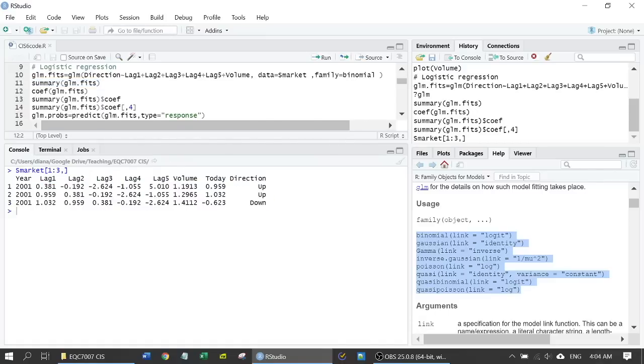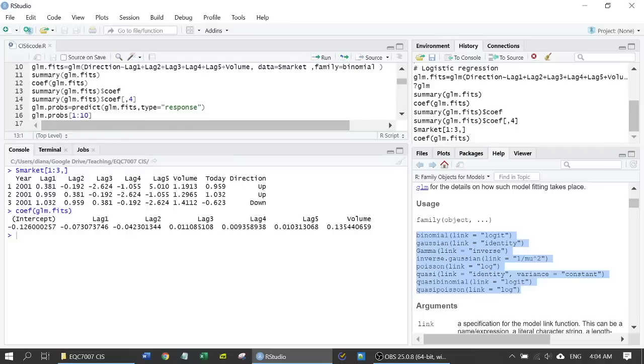And I run this one again. Okay, so these are the coefficients: the coefficient for the first lag, the coefficient for the second lag, and so on. Basically, what we're trying to do here is, based on the information for the first observation, the information that I highlighted here, if you plug it into this model that you have developed, then you're going to predict whether its direction is going to be up or down.